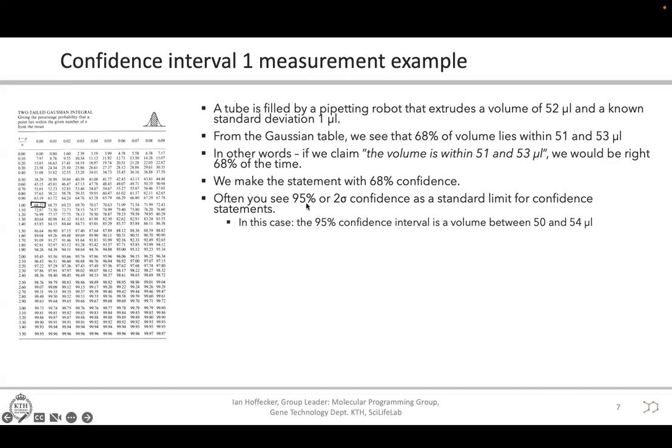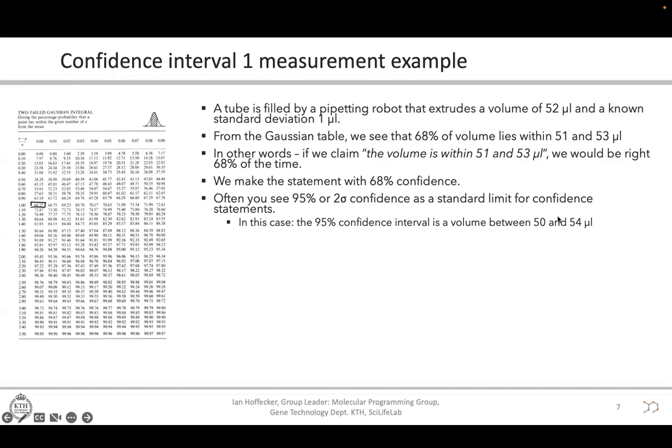Now, oftentimes you'll see 95% confidence statements. So we might say we have a 95% confidence interval for the volume being located between 50 and 54 microliters. Depending on how precise the statement is, you might either use 1.96 sigma, as we said earlier was 95%, or often 2 sigma, 2 standard deviations, is used in that case.